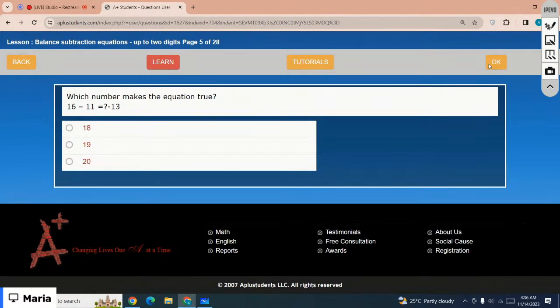Very good. The correct option is 18 minus 13, right? Because 16 minus 11 is 5. So 18 minus 13 is 5. The correct option is 18.